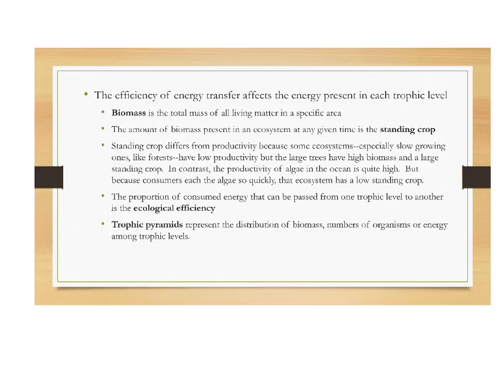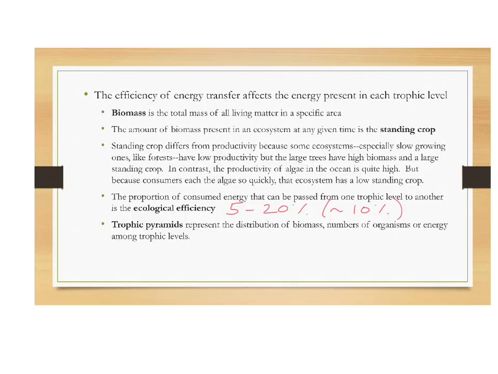The proportion of consumed energy that can be passed from one trophic level to another is called the ecological efficiency of an ecosystem or of a trophic level. This ranges from about 5% to a maximum of about 20%. I'm going to actually write that. So the average is 5 to 20%, but it typically falls at about 10%.